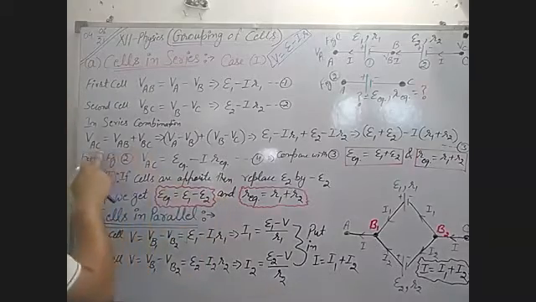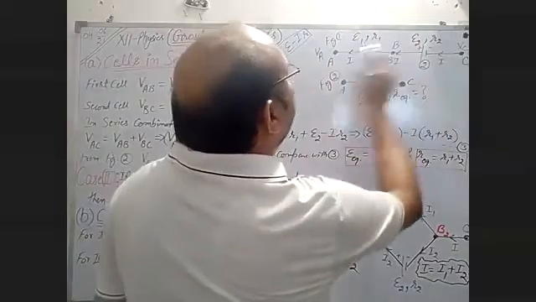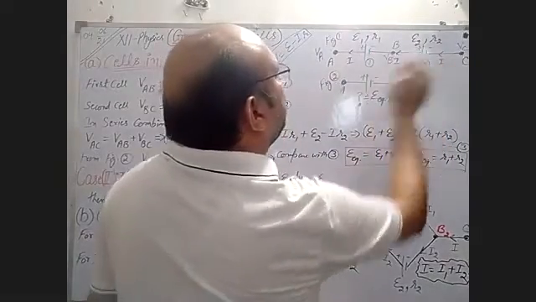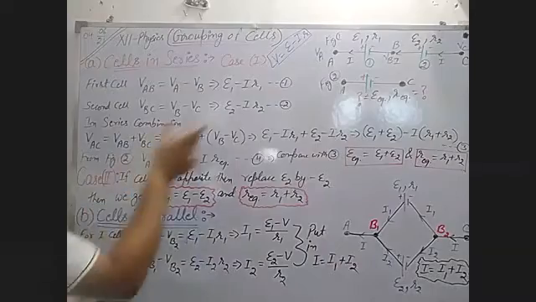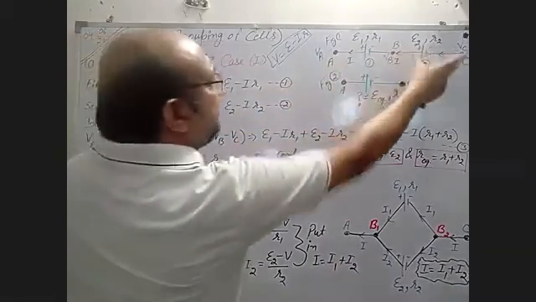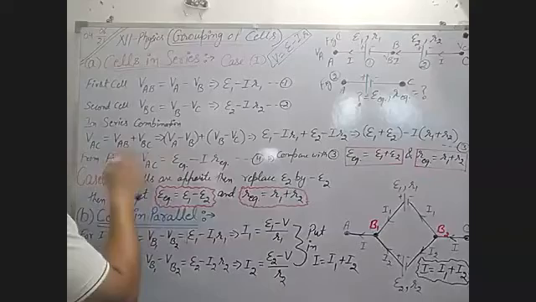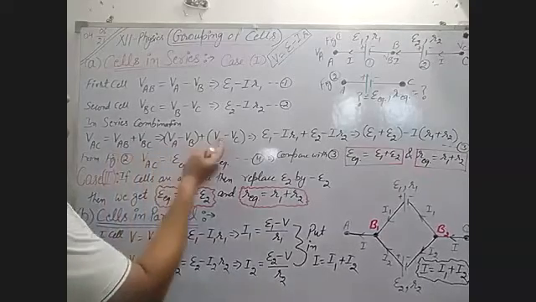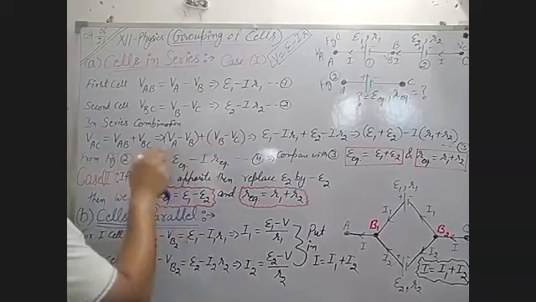Then VAC, the voltage from A to C, can be taken partially as VAB plus VBC. Now VAB, VBC, VA minus VB, VB minus VC, it can be written so, no problem.